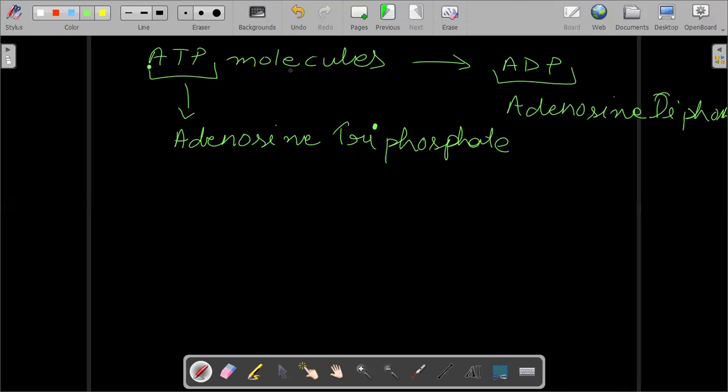If an ATP molecule is converted to an ADP molecule, energy will be released. Okay. During the respiration process, ADP molecules, with the help of energy, are converted to ATP molecules.